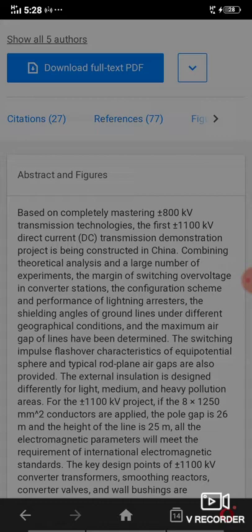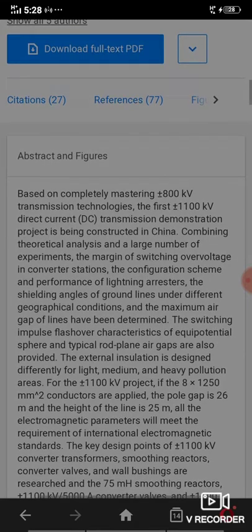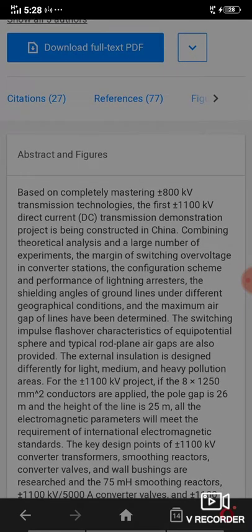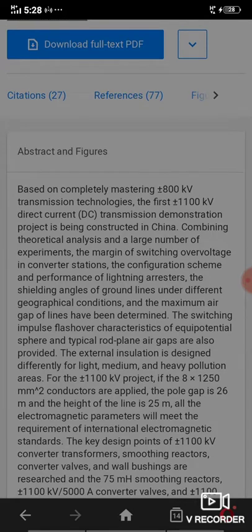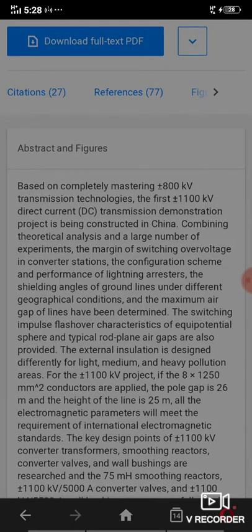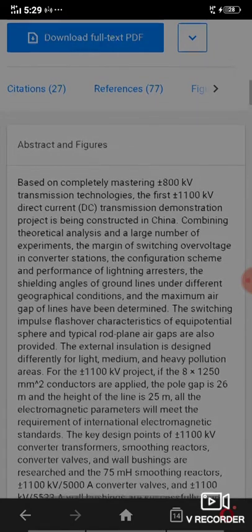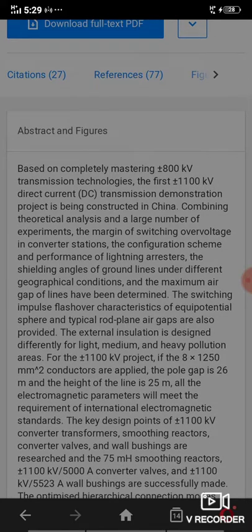The first living kVA transmission demonstration is being constructed in China, combining theoretical analysis and a large number of experiments occurs.